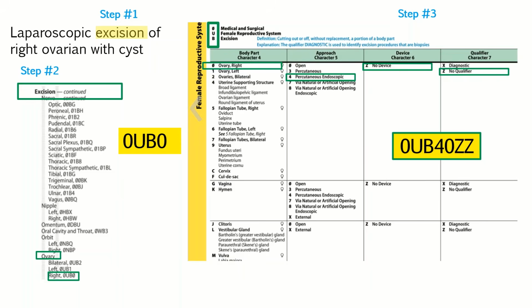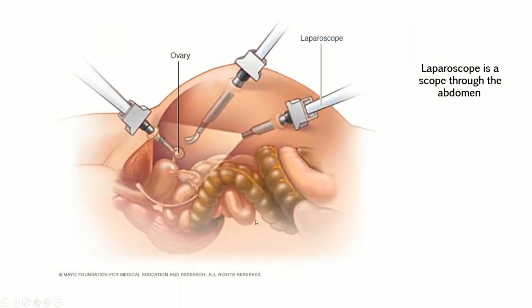Now, coders, some of you may have selected 8. You might have said, all right, this patient has an ovarian cyst and it was laparoscopic and there was a scope. But guess what, coders? What does laparoscopic mean? Laparoscopic is a scope through the abdomen. They did not go through that patient's vagina or vaginal area.